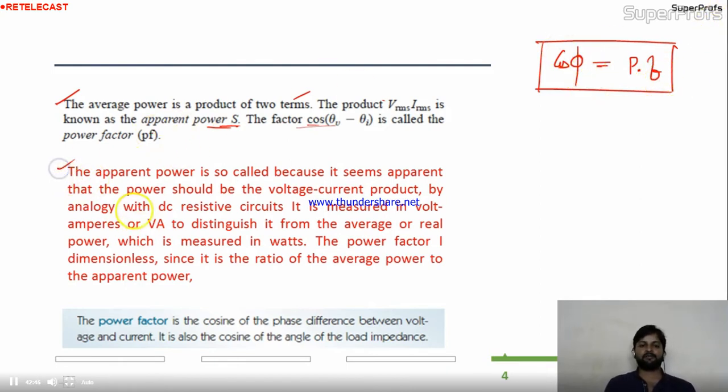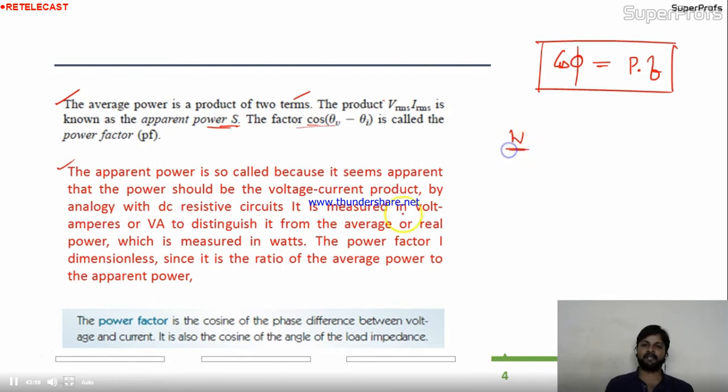Come to this note. The apparent power is so called because it seems apparent that the power should be the voltage-current product, by analogy with the DC resistive circuit. It is measured in volt ampere, or VA, to distinguish it from the average or real power, for which the unit is watt.